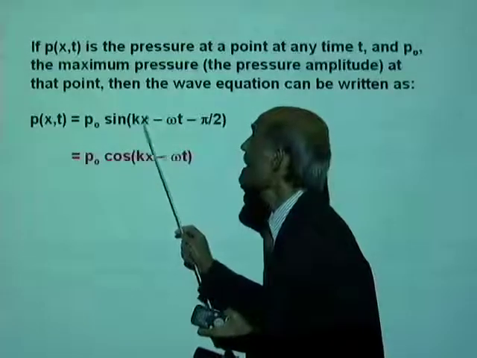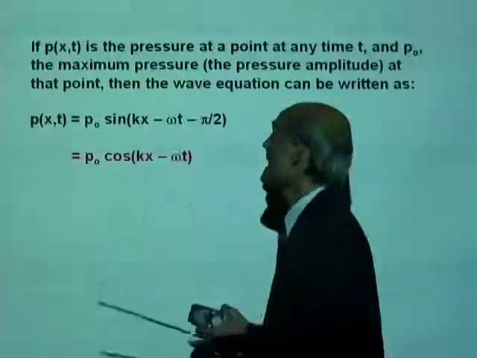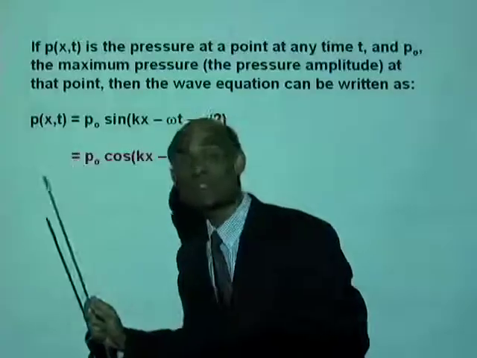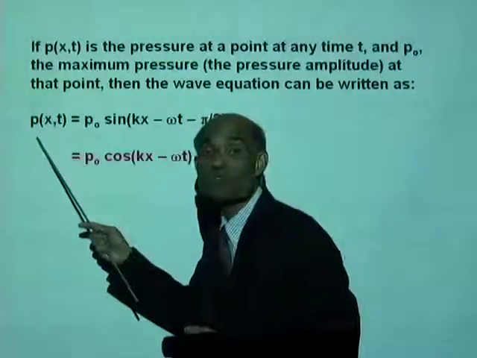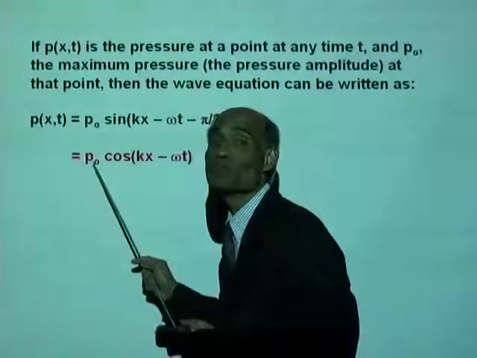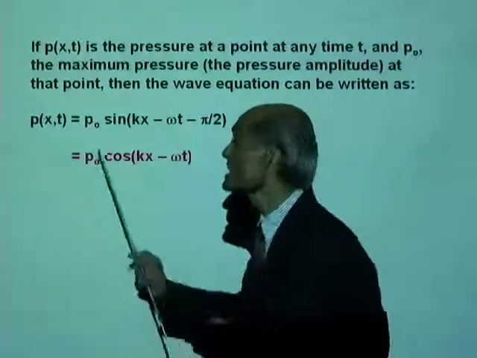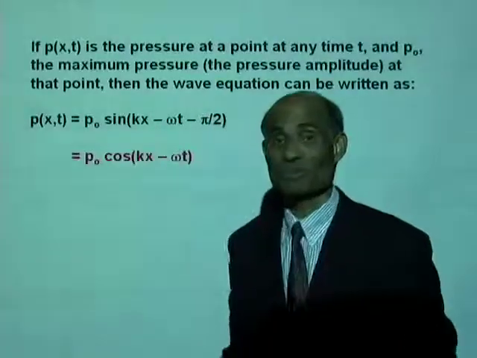So sine(kx minus omega t minus pi by 2) is cos(kx minus omega t). So the equation for the harmonic sound waves in terms of the pressure variations is P(x,t) equal to P0 cos(kx minus omega t), where P0 is the pressure amplitude.